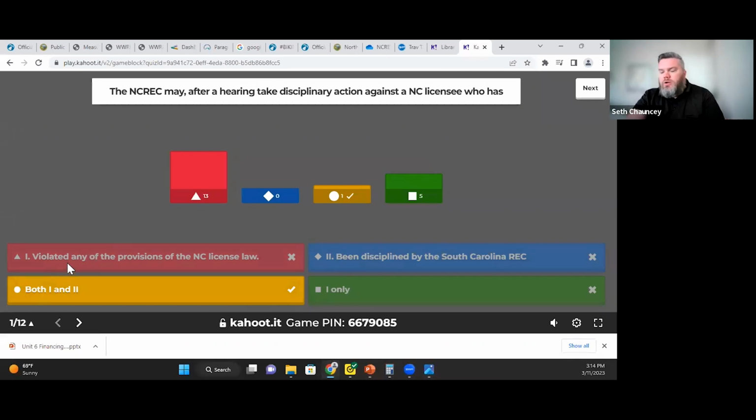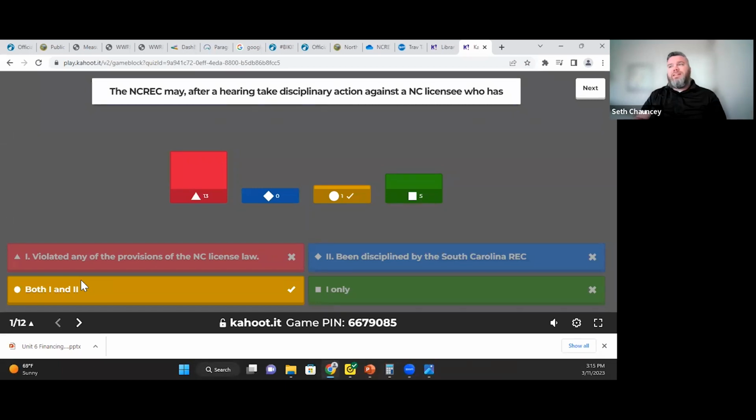If you are licensed in the state of North Carolina, one of the rules under the North Carolina License Commission rules is you have to report any criminal convictions or disciplinary actions by another licensing board within 60 days. 60 days. And so if you get in trouble with the South Carolina Real Estate Commission, you have to report that to the North Carolina Real Estate Commission, and they may take your license if they feel like you are a danger in that state as well.